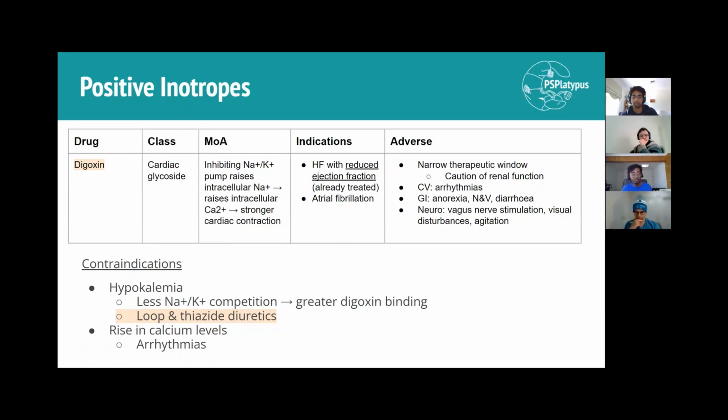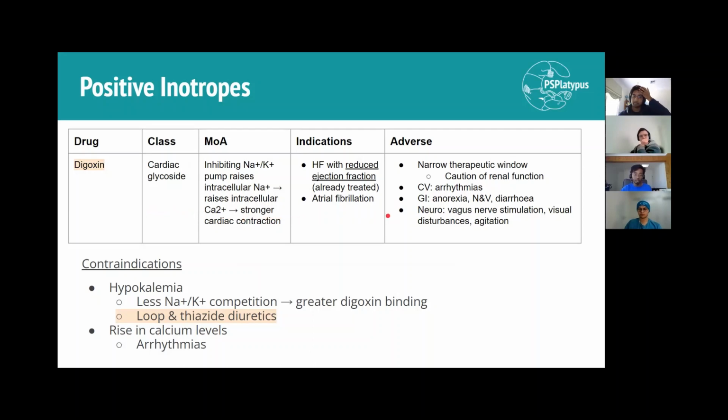Now, this raises intracellular sodium, because the sodium potassium pump wants to remove sodium, so it increases sodium inside. And this consequently increases intracellular calcium. We know that calcium leads to increased contraction. So we end up with stronger cardiac contraction.